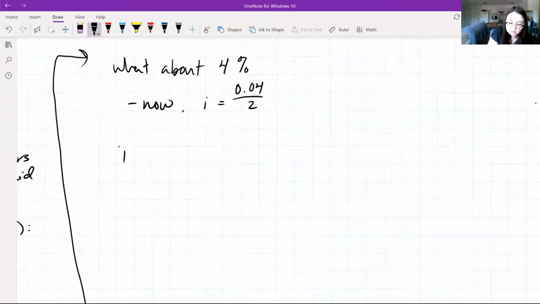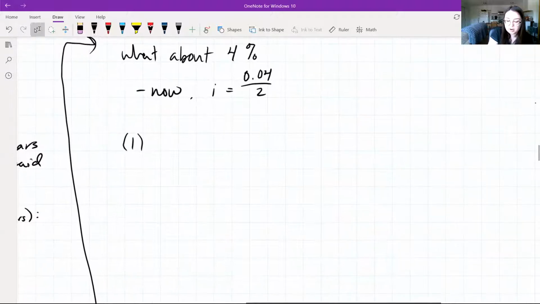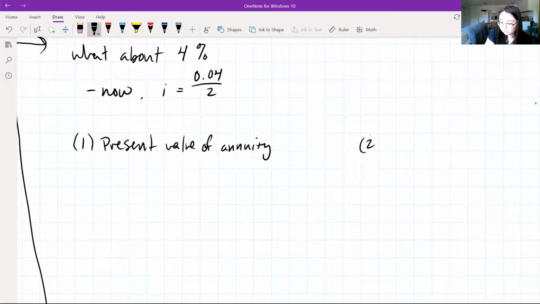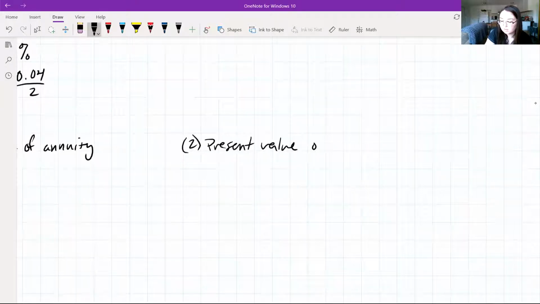So same things. We're going to do that first part, which is our present value of annuity. And then we have 2 here, which is our present value of $10,000 in 10 years.